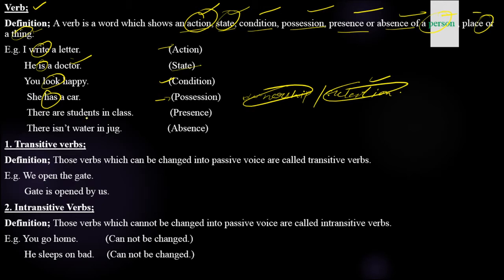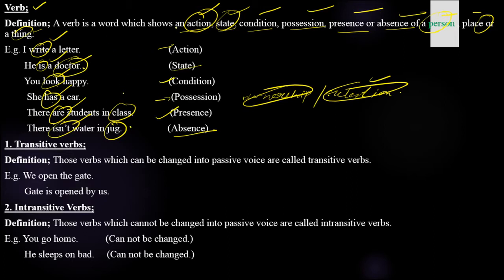In the same way, there are students in class. Are is showing presence, and there isn't water in the jug. Isn't is showing absence. So a verb is a word which shows an action, state, condition, possession, presence, or absence of a person, place, or a thing.